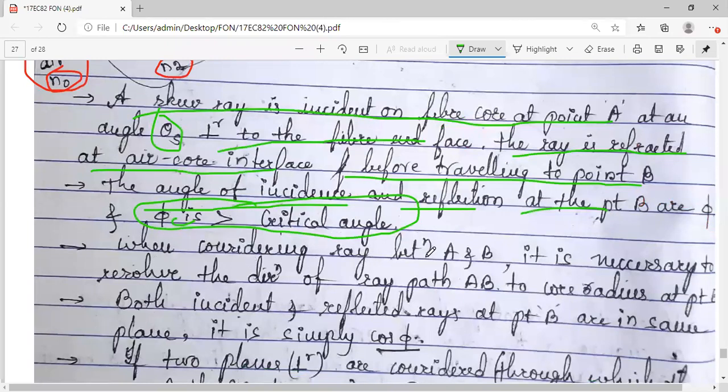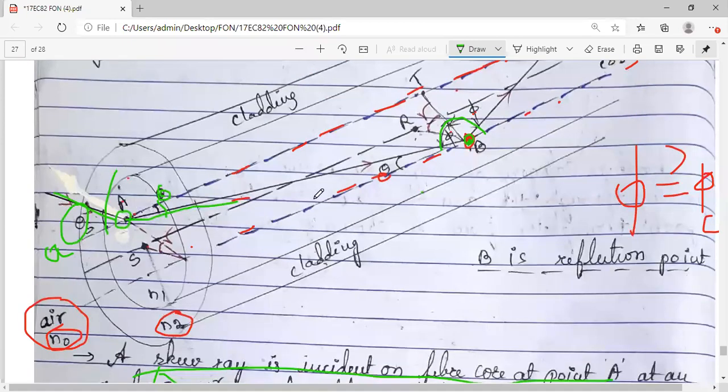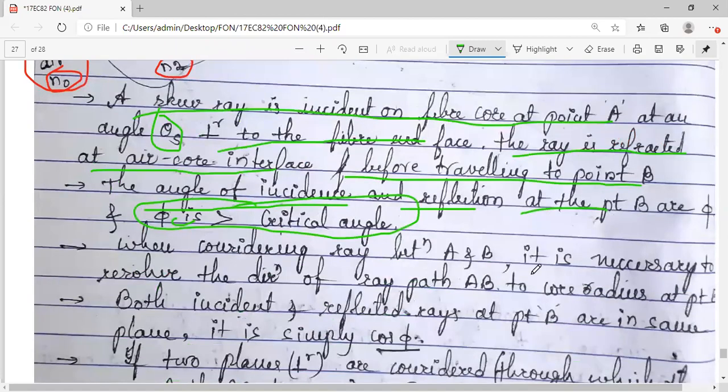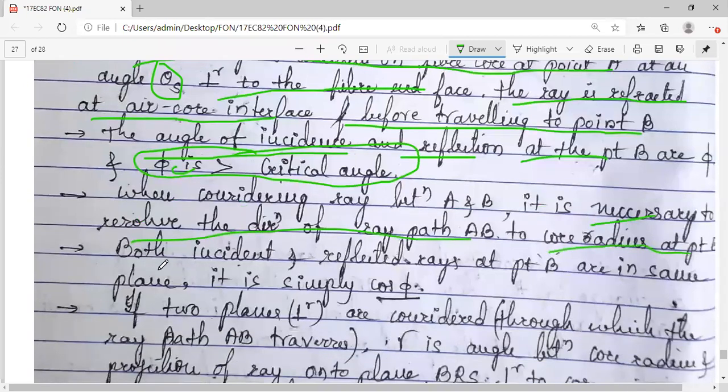When we consider the ray between points A and B, as I said, two planes have to be considered. One is this line which is passing B, the other is the line which is passing A. Two planes have to be considered here. It is necessary. We need to resolve the direction of the path AB into the core at the point B. Here an important concept comes.